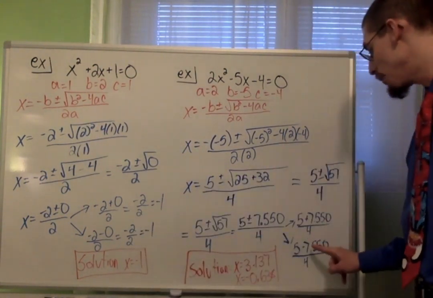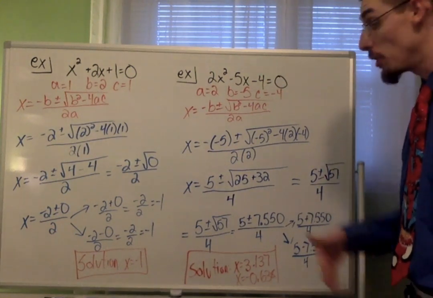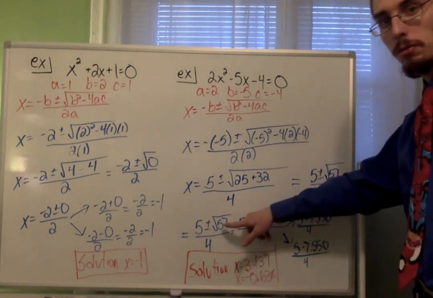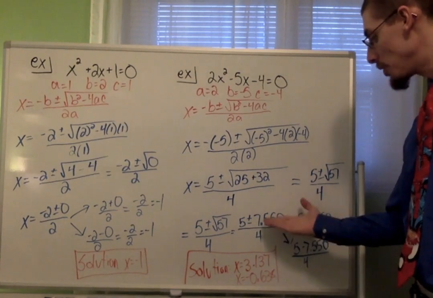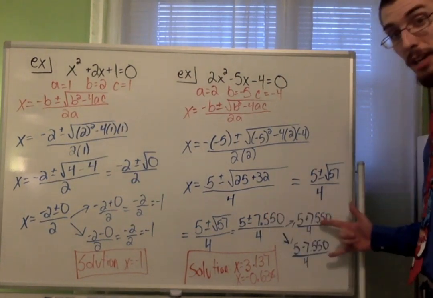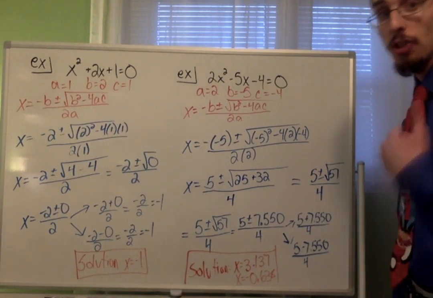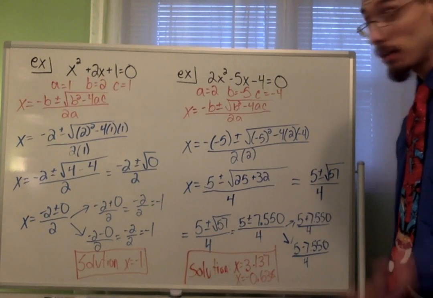You do not divide until the very end. The first thing you'll be doing is all that stuff under the square root, trying to get that down to 7.550. Once you've done that, you split it up and solve. It's nothing but a formula. You plug it in. You're not doing anything else with it.